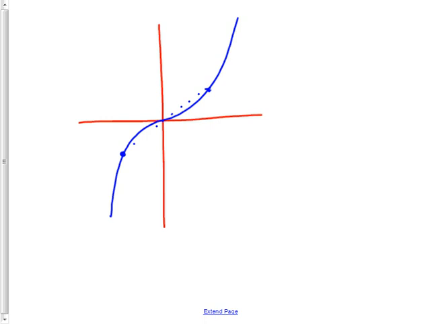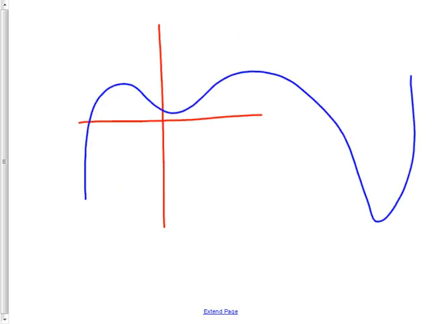Okay? But what if things don't have any symmetry at all? Then they're not odd and they're not even. So what if I have a line that goes just like this? It could be a function. It passes the vertical line test. But it's not odd and it's not even because it doesn't have any symmetry. There are functions like that too. So we have to say there are odd functions, there are even functions, and there are neither odd nor even functions.